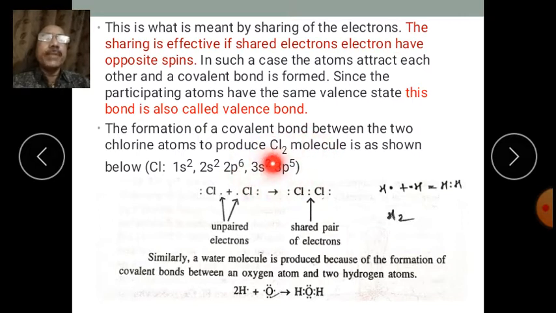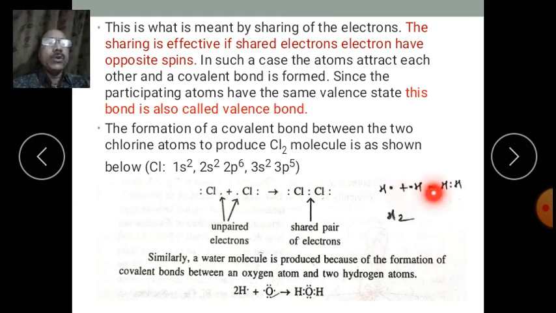It has how many electrons? 7 electrons: 2 electrons in the 3s orbital, 5 electrons in the 3p orbital, and it requires one more electron to complete the octet. So two chlorine atoms come closer to each other to share one electron each and they complete their octet. So these are the unpaired electrons, and now there is a pairing of electrons to form a covalent bond and a chlorine molecule is formed.